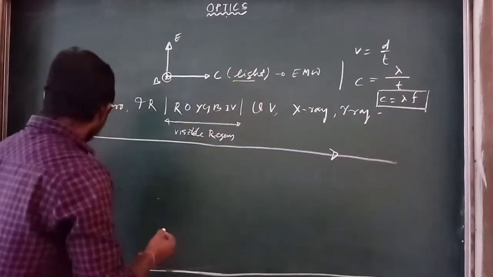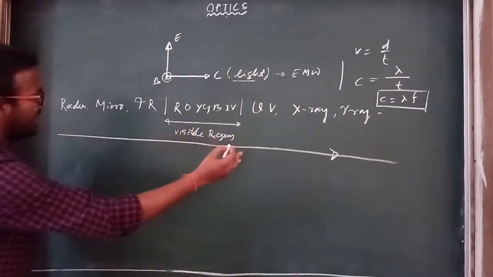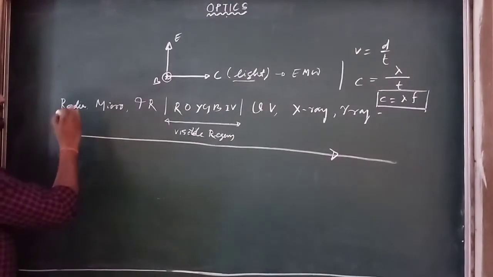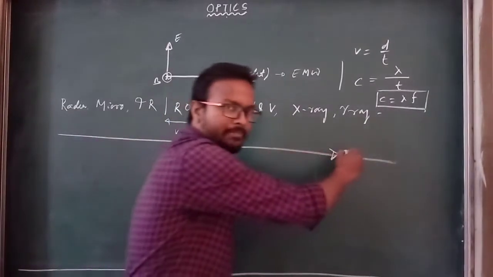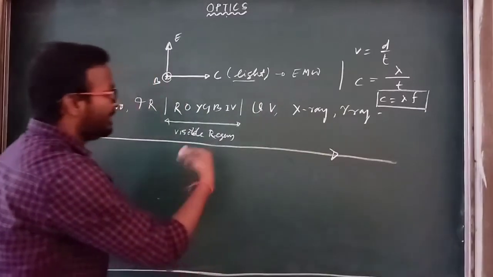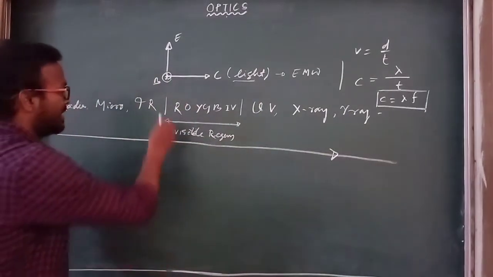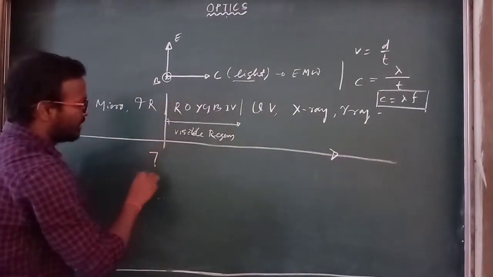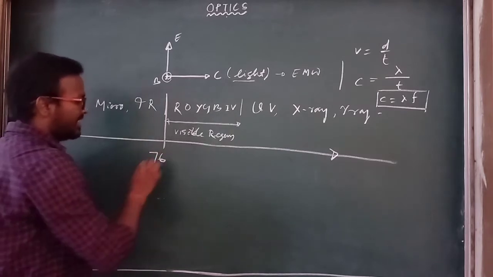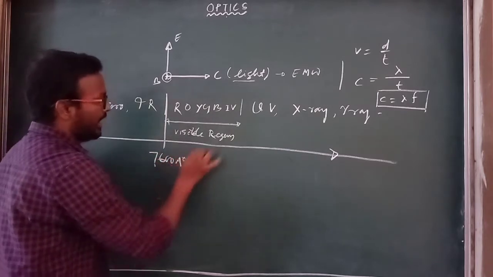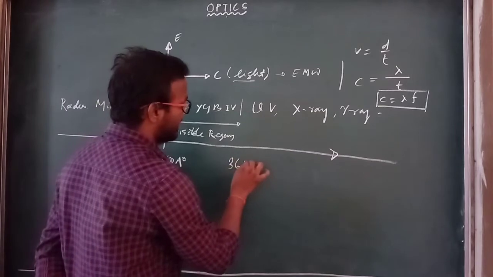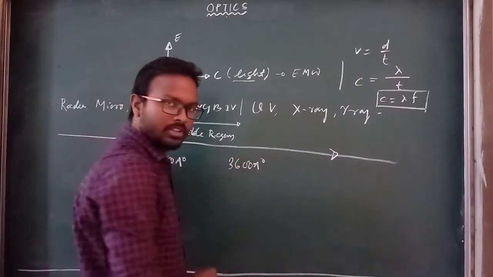Clear? So if you go from radio wave, microwave, infrared, and in this way, in this direction the wavelength of the light decreases. Here the wavelength is 6700 angstrom, and here it is 3600 angstrom. Clear?